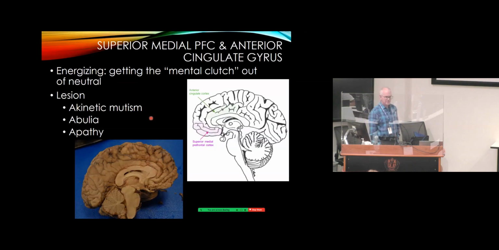A couple other things about the medial portion of the frontal lobe. Here we have the superior medial prefrontal cortex, kind of in pink here, and this anterior portion of the cingulate gyrus works together with the superior medial prefrontal cortex. Maybe the easiest way to say it, this part of the brain is getting your mental clutch out of neutral.